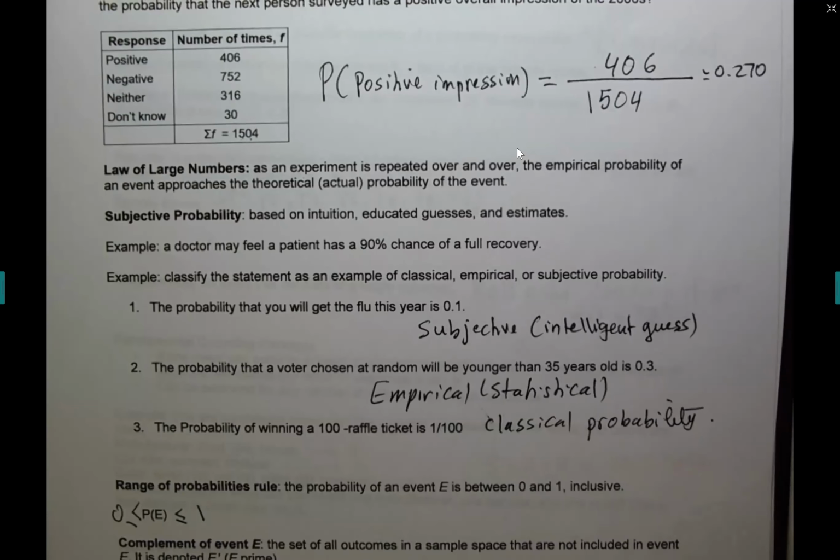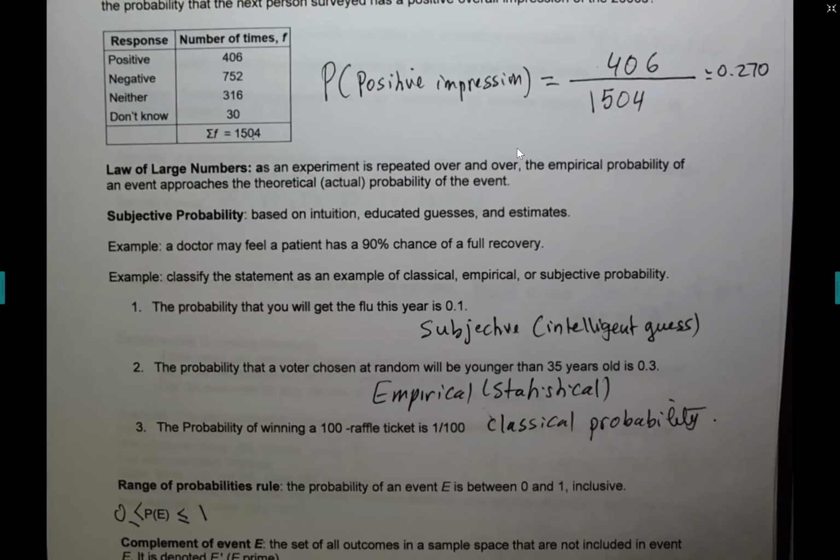If the probability is 0, guys, that means the event will not happen. Definitely. If I tell you the probability that tomorrow is Wednesday, the answer is 0 because tomorrow is not Wednesday. But if the probability is 1, then you can be 100% sure that the event is going to happen.